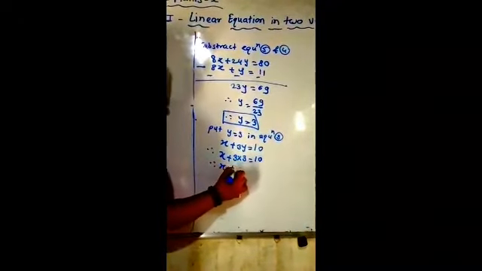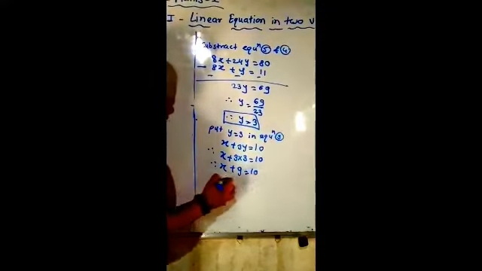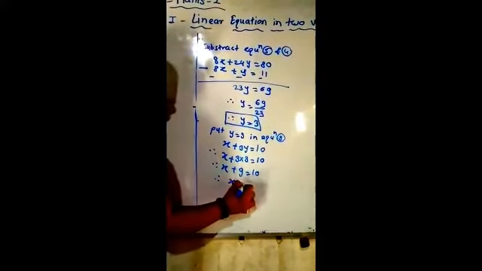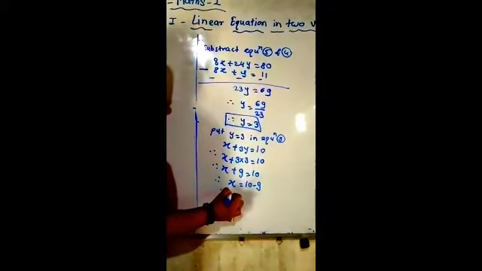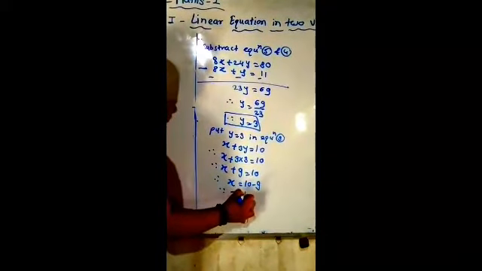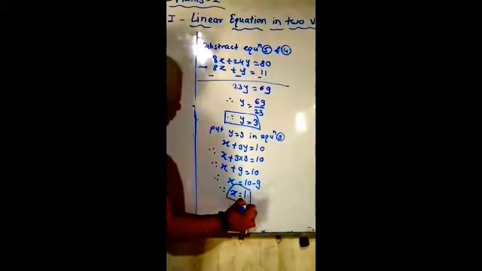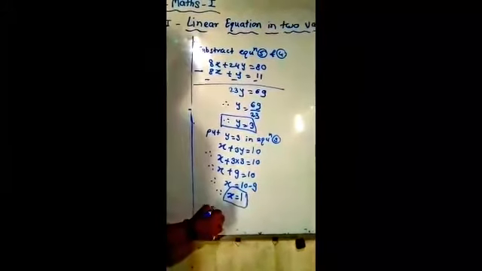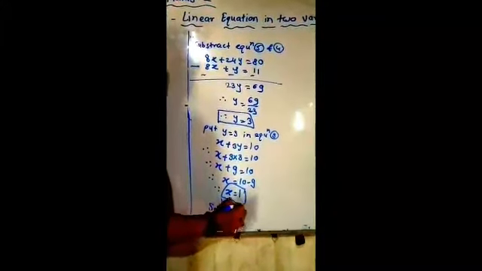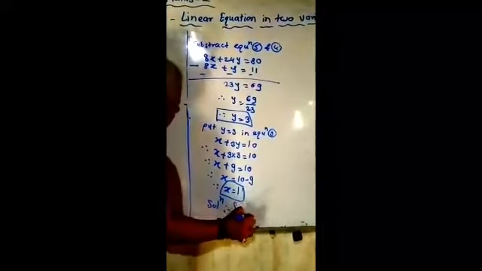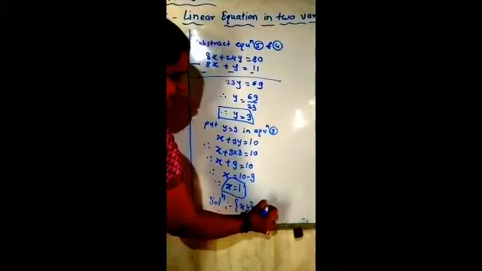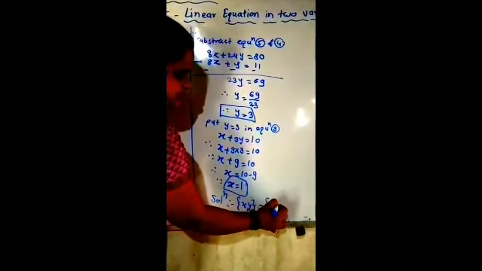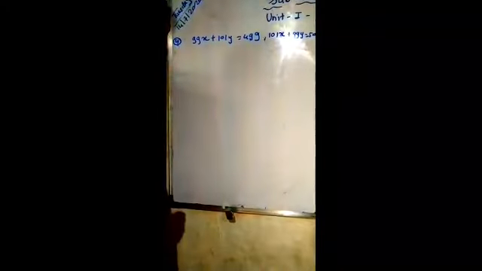Therefore, x plus 9 is equal to 10. Then x is equal to 10 minus 9. Then x is equal to 1. Here we get the value of x, means we find out the solution, the x and y values. x is equal to 1 and y is equal to 3.